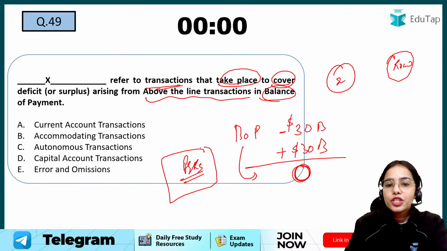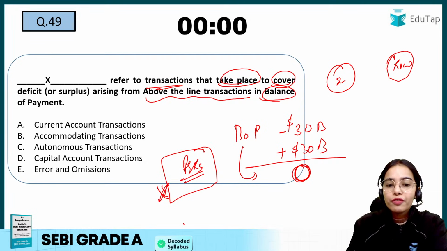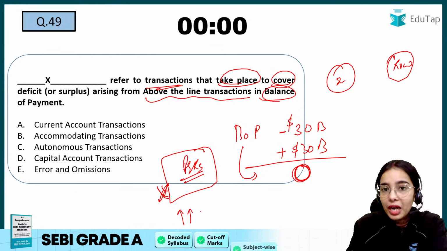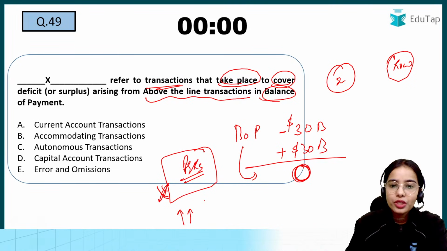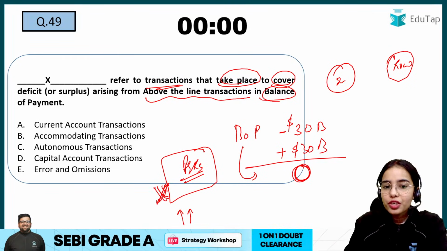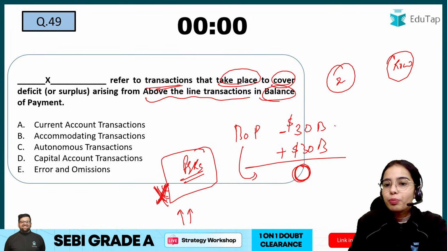Or let's say foreign exchange reserves are not sufficient in our country. If we do not have sufficient foreign exchange reserves, we will have to borrow from the IMF or World Bank, the multilateral institutions. We do not have sufficient foreign exchange reserves but we need to pay the deficit.